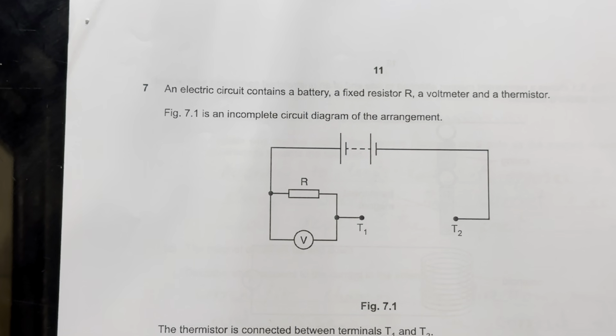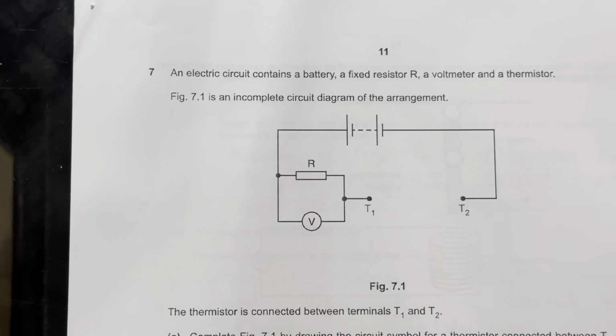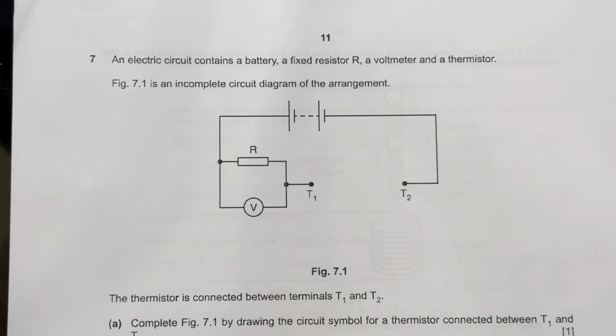an electric circuit contains a battery, a fixed resistor R, a voltmeter and a thermistor. We know that voltmeter is used to measure voltage, and for a thermistor, resistance decreases with the increase in temperature. So the thermistor is connected between terminals T1 and T2.